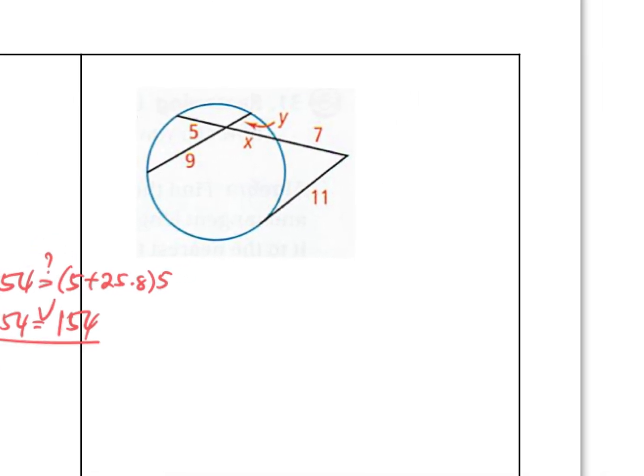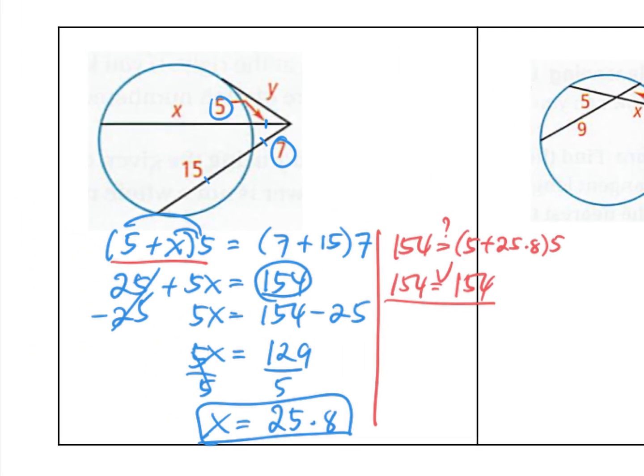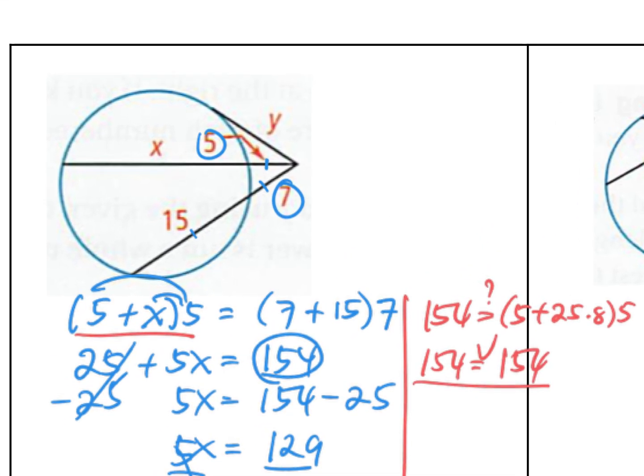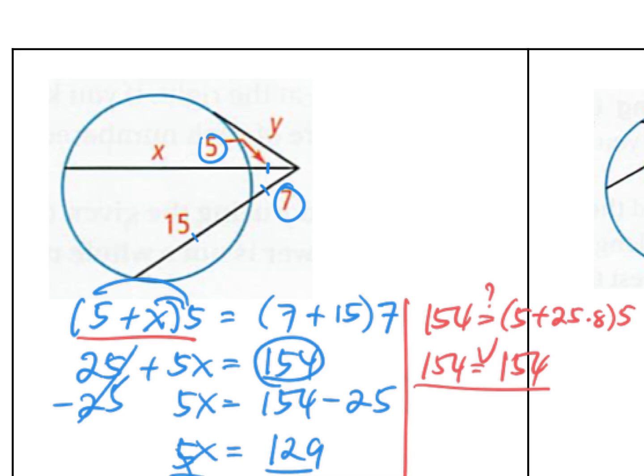Okay, so here's the last one. Oh, not yet. We still have to find the y. So let's find the y in here. The y here is gonna be y squared is equal to the first one again, 5. I guess we already have this one. This is going to be 154.